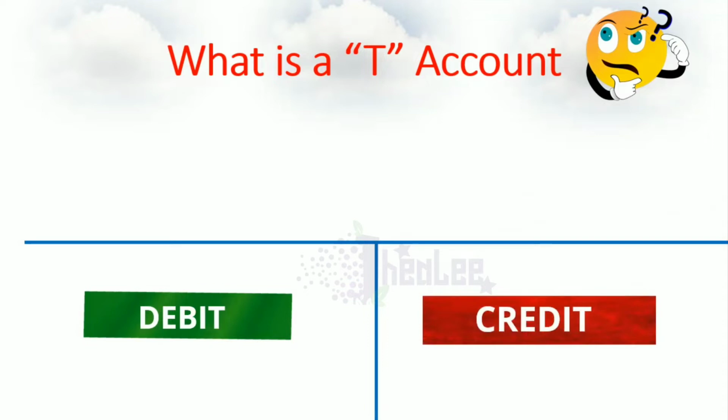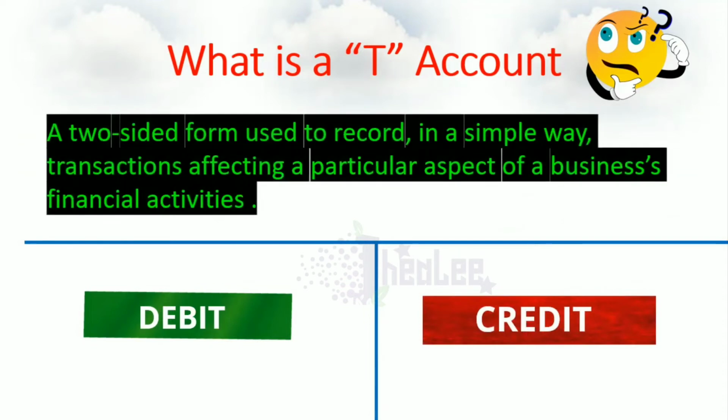Now, it is simply a two-sided form used to record in a simple way transactions affecting a particular asset of a business's financial activities. Please note that a T account is often referred to as well as the ledger account. So a T account is also known as a ledger account.